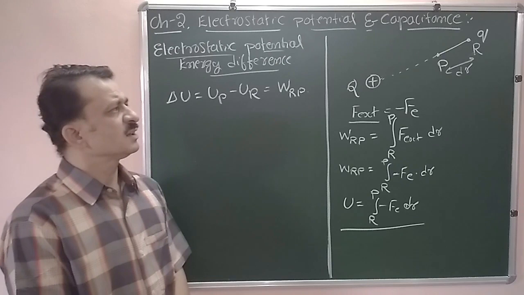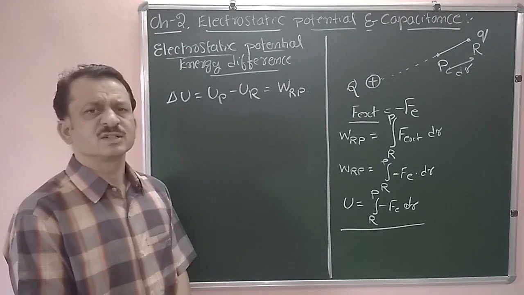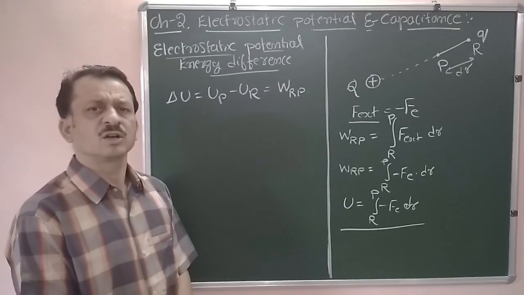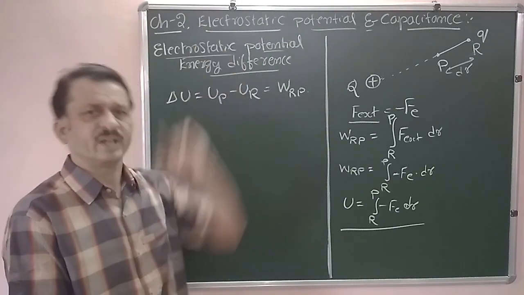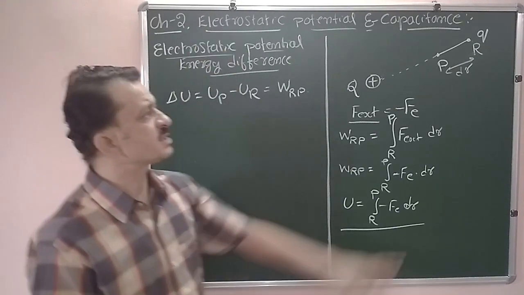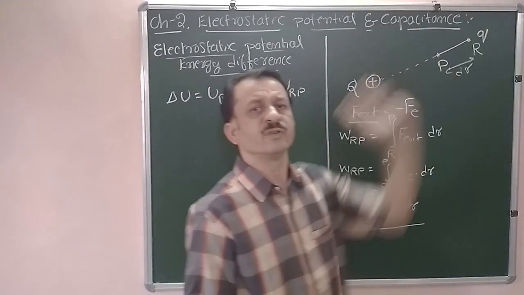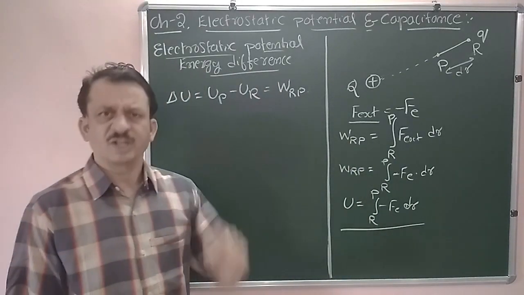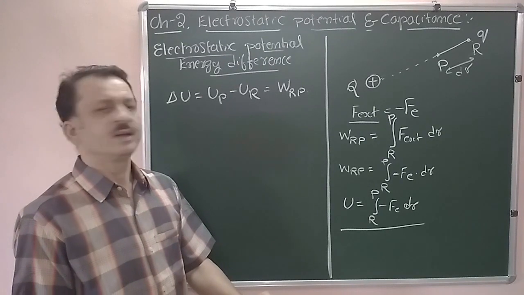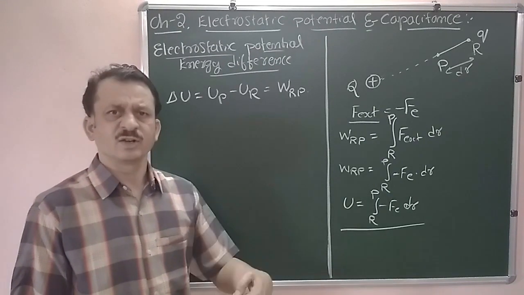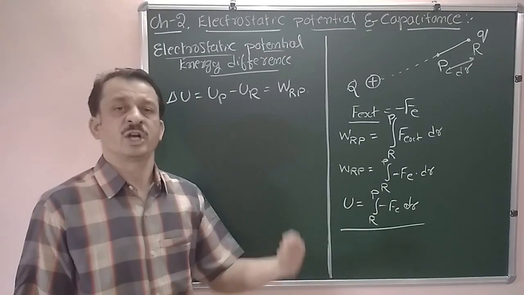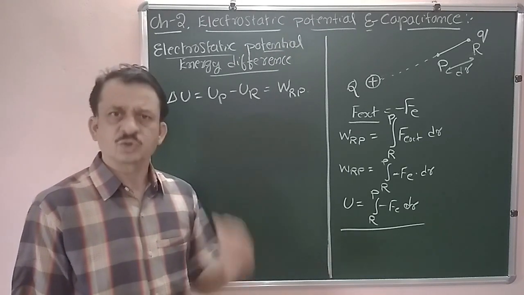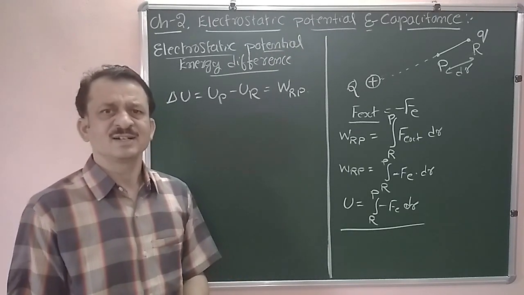Now consider a charge brought from infinity. That means we are extending this initial point to infinity. Why are we extending it? The potential energy is taken to be 0 at some arbitrary point. Here we are choosing that arbitrary point as infinity.